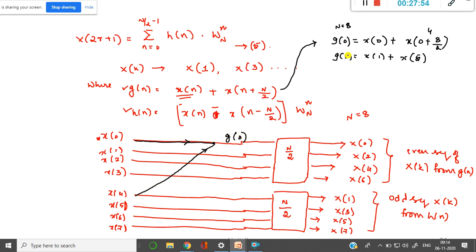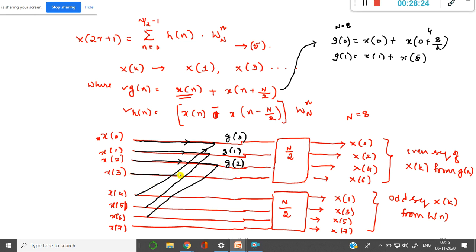So again, to obtain g of 1, it is x of 1, and that is going to be added with x of 5, giving g of 1. Then similarly, g of 2 is obtained from adding the two sequences, that is x of 2 plus x of 6. So you are going to get g of 2.